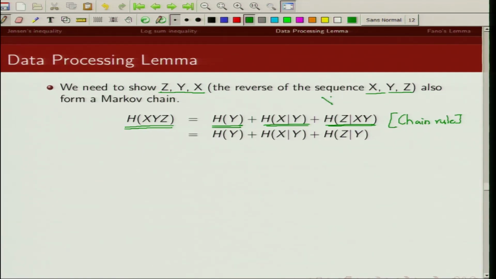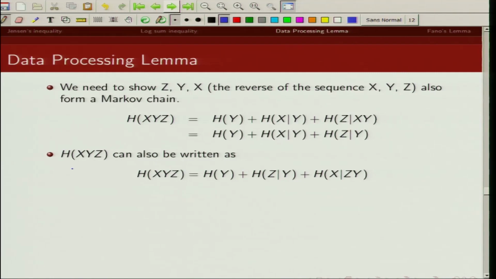Now since x, y and z form a Markov chain, we know that uncertainty in z given x, y is same as uncertainty in z given y. So we can write this joint entropy of x, y and z as h of y plus h of x given y plus h of z given y.